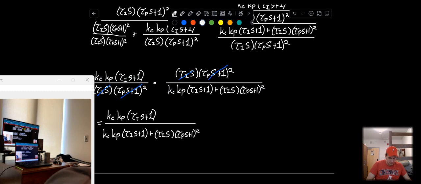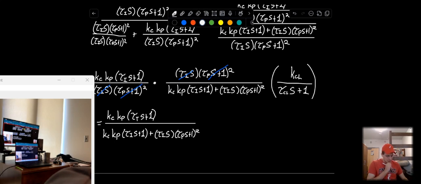The next thing that we're going to do here is, again, what form are we really trying to get to? We're trying to get standard form, which looks like K_CL over tau_CL s plus 1, right? So what we want is to have no S's on the top. Basically, we want all of our S terms consolidated with this tau s term right here. And so how are we going to do that?